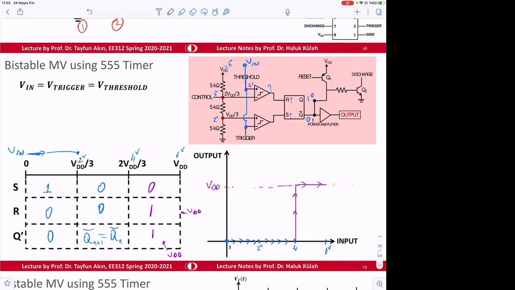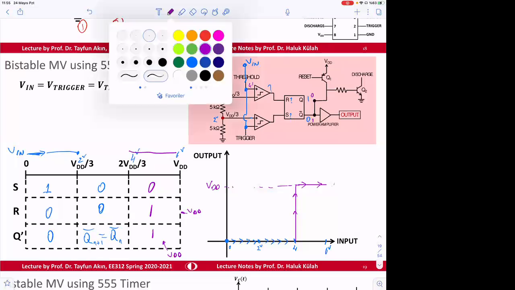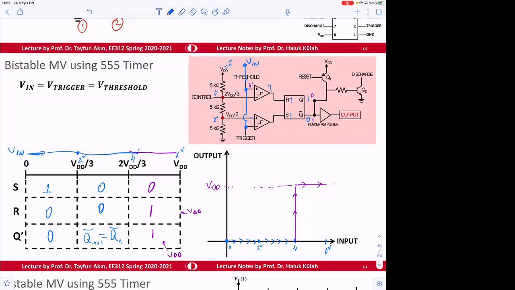Okay, now the voltage after this, the color changed. Up to here, maybe it was like this, and it switched. Now we will be going backwards. When you start going backwards, what will happen? There is no memory effect for this part of the circuit, but there is an SR latch in there.